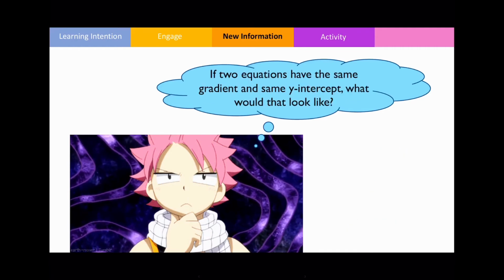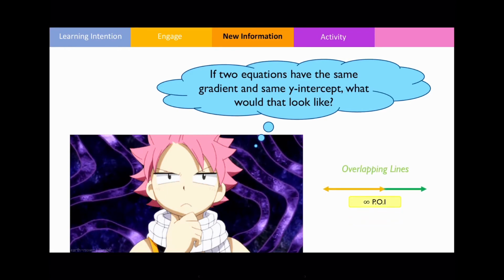And if you do happen to have an equation that has the exact same gradient as well as the exact same y-intercept, then if you sketch both of them, you're going to produce two lines that are overlapping with one another, and therefore you will have an infinite number of solutions or points of intersection, okay? You don't really need to know that too much for now, but you will need to know this particularly for year 11 and year 12 maths methods.